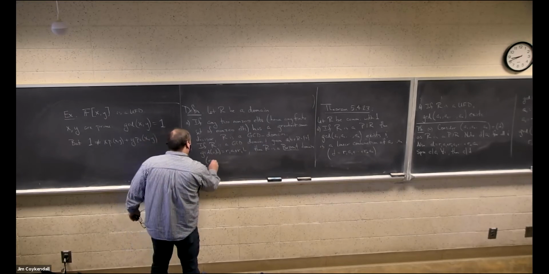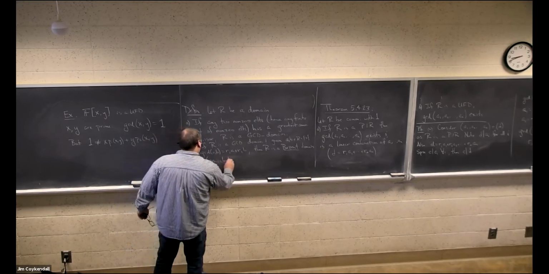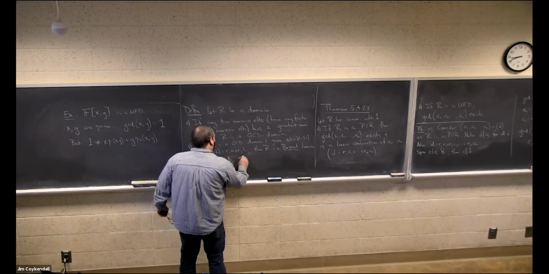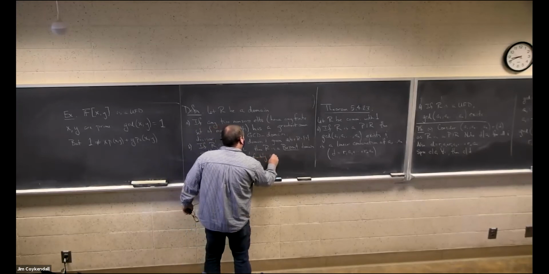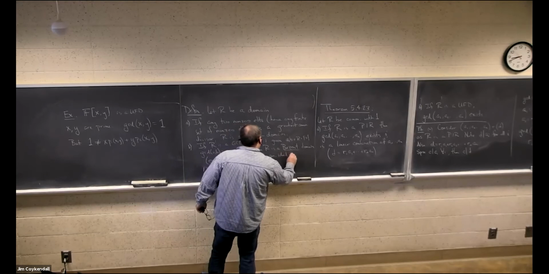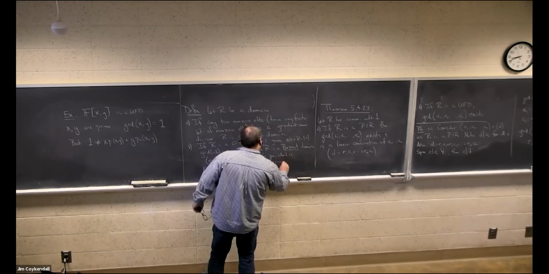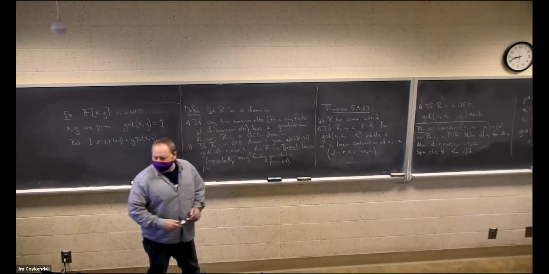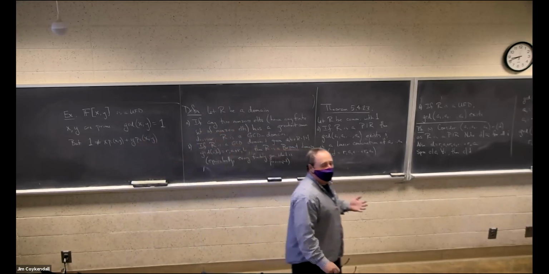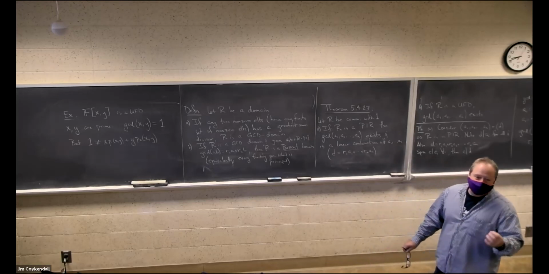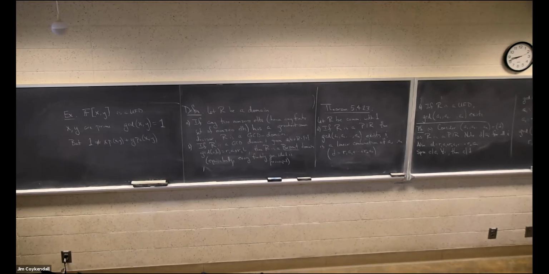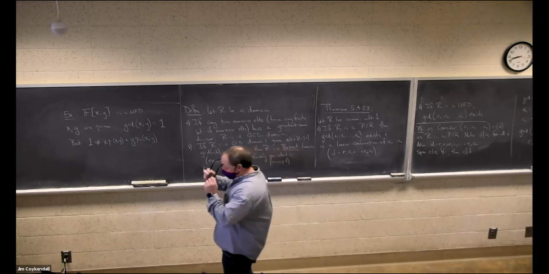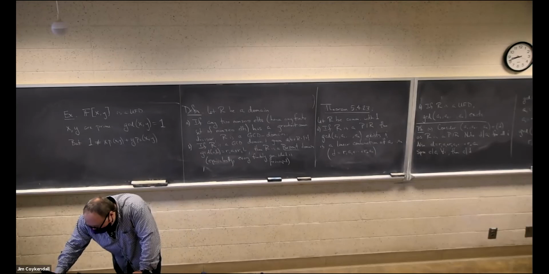Equivalently, every finitely generated ideal is principal. So a Bézout domain is a GCD domain where, given any two elements, the GCD is actually a linear combination. This is equivalent to saying that every finitely generated ideal is a principal ideal. You might satisfy yourself on this a little bit.